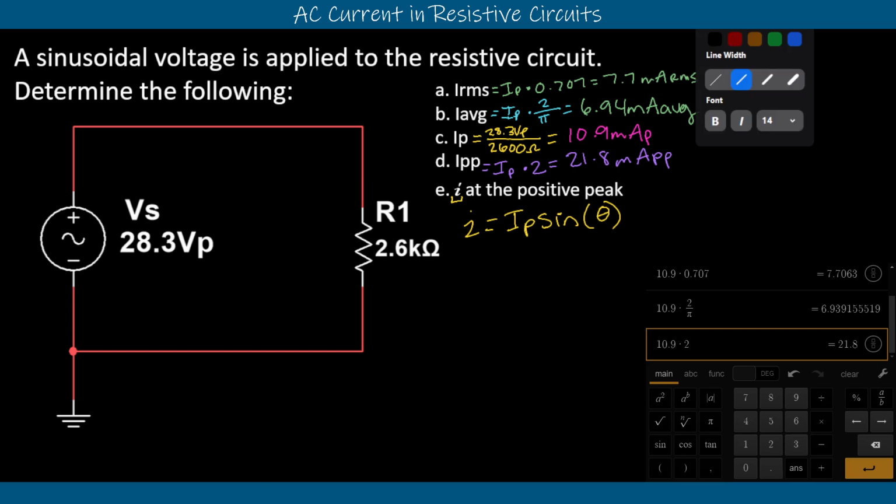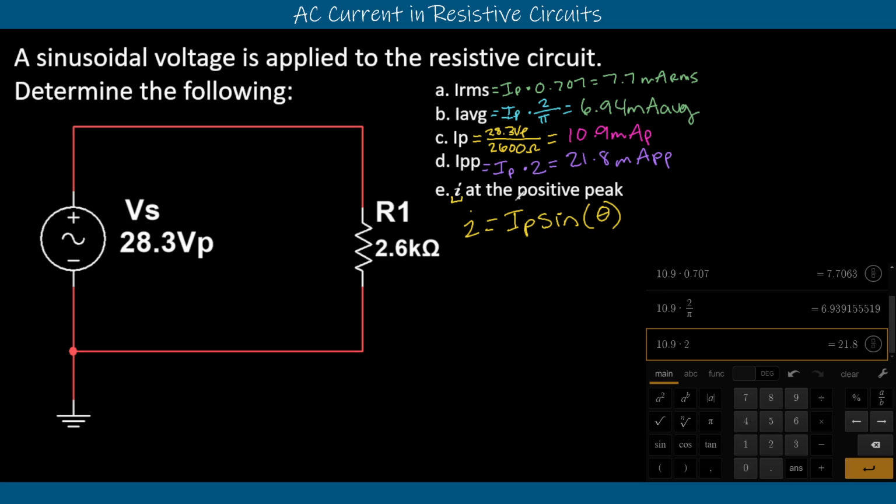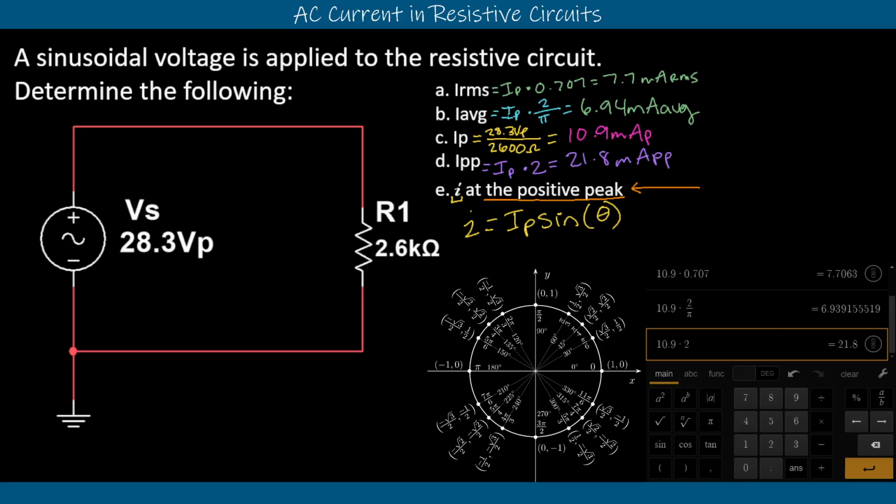But what is theta? Theta is given by the positive peak. Let's look at our unit circle here. At the positive peak, we would end up at the 90-degree mark. That's the full rise, and at that point, we would start to fall again.